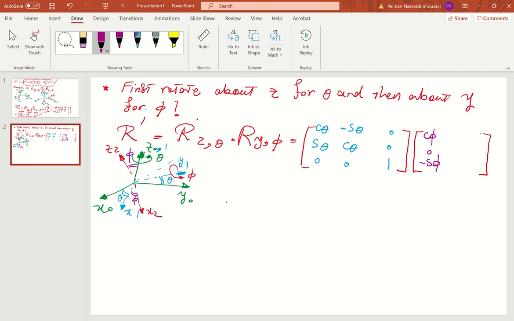That's right. And if you develop the rest, I'm just skipping: sine phi, 0, cosine phi. This happens because we are rotating around the y1. That's right.